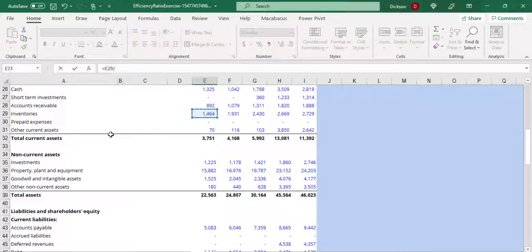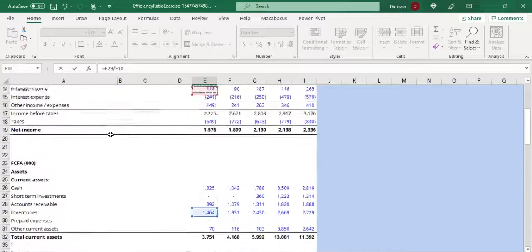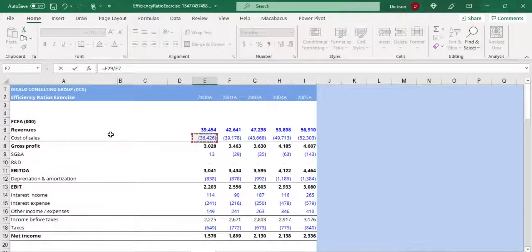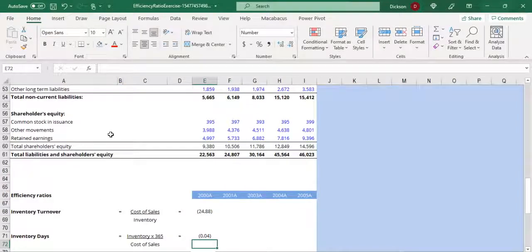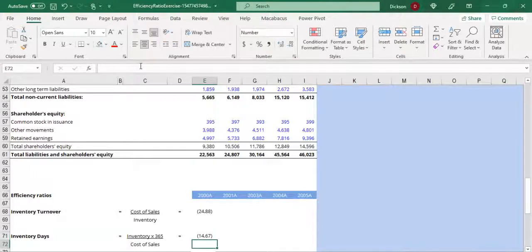You divide that by the cost of sales. This is our cost of sales. All these multiplied by the number of days in a year, which is 365.